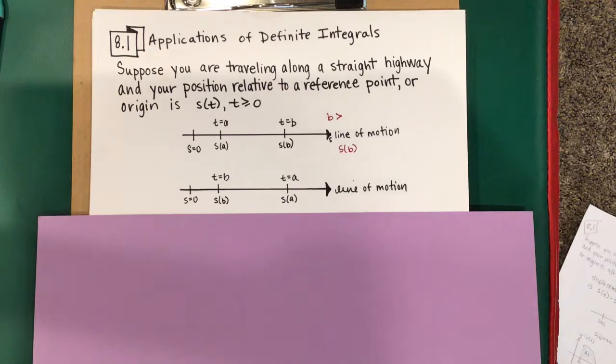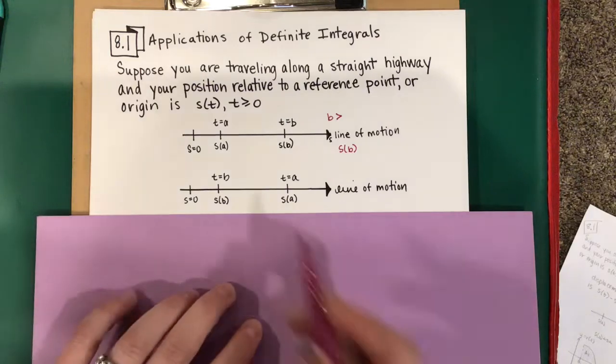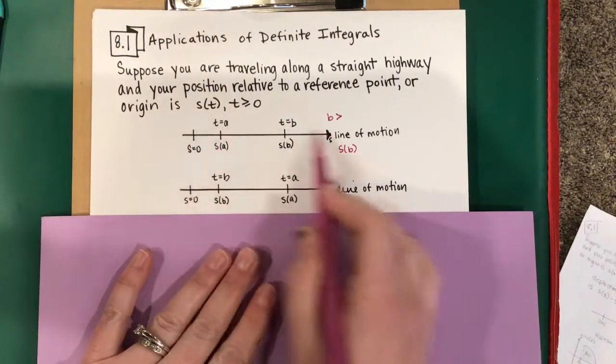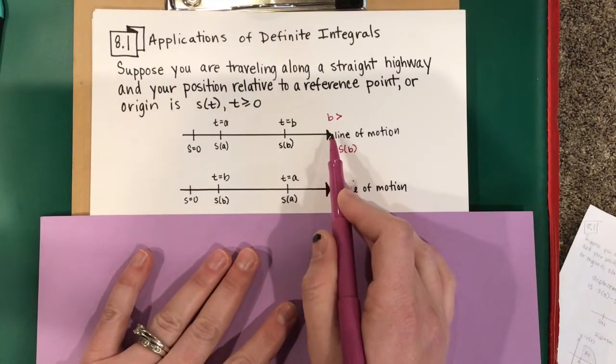So we're going to start with a more simplified problem that says, suppose you are traveling along a straight highway and your position relative to a reference point or the origin is s of t. Now, we know that this s of t is my position function.